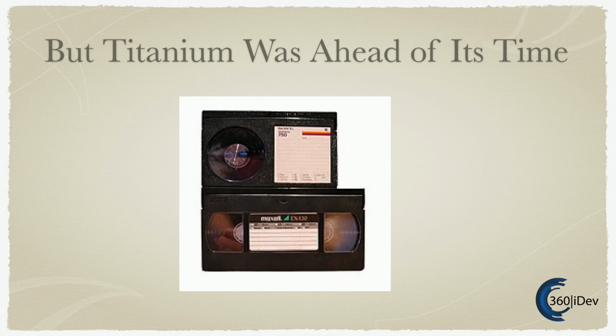Back in those days, when I was starting out in Titanium, PhoneGap was like VHS, Titanium was like Betamax, right? It was better, but most people didn't hear about it. Most companies prefer to build their mobile apps either natively or using PhoneGap until they realized that PhoneGap sucked, and they went back to native.